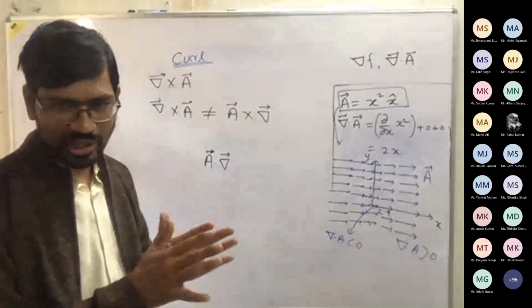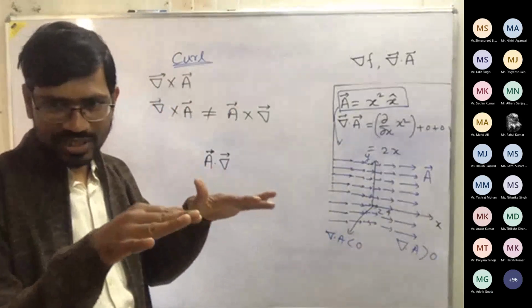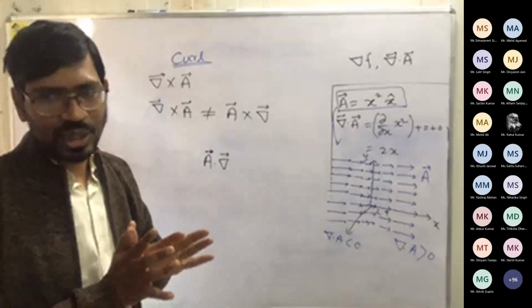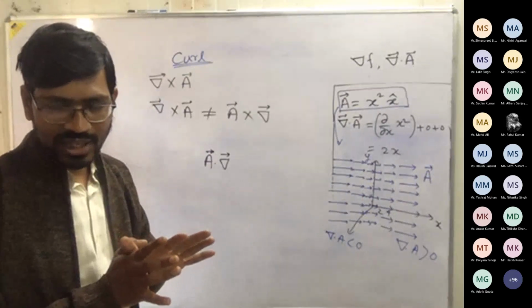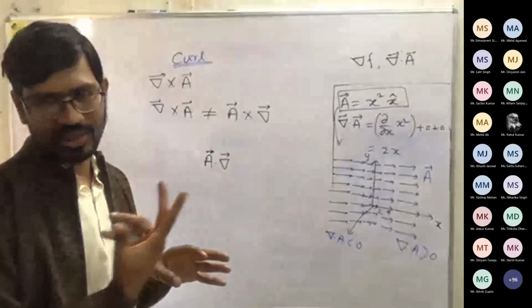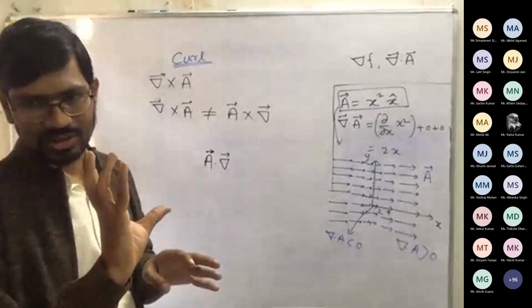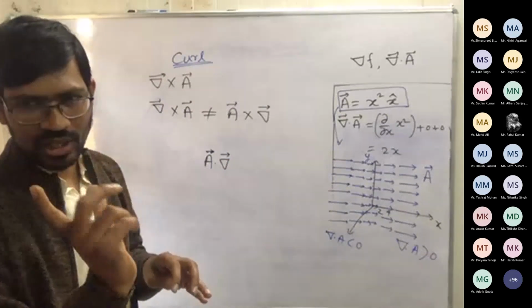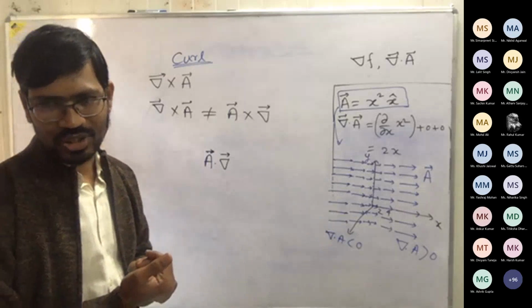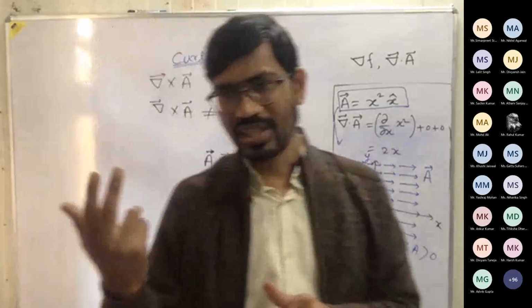It depends on space. At different locations in space, you'll have a different magnitude as well as a different direction. Sometimes we can have a vector which has a rotating pattern. The vector will rotate around a point, like the air flow in the air.